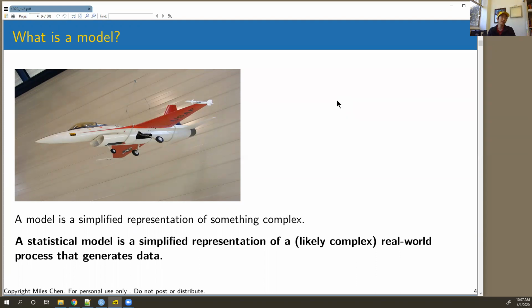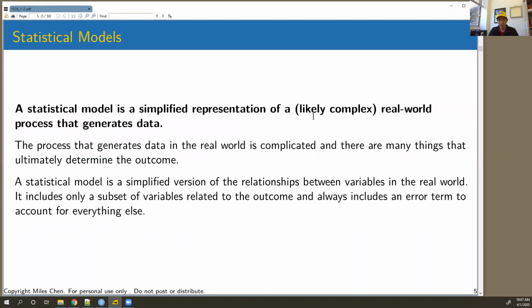But we can simplify that and say, let's look at the height of the parents. Maybe the height of the parents can explain some of the variation that we see in someone's height.